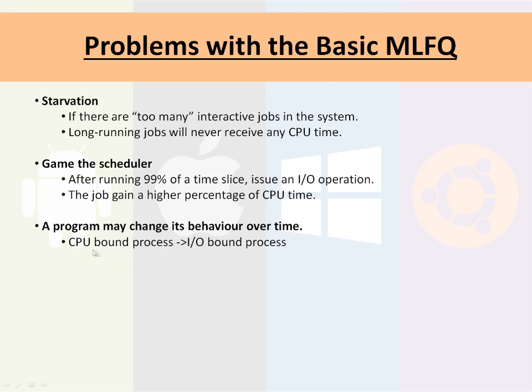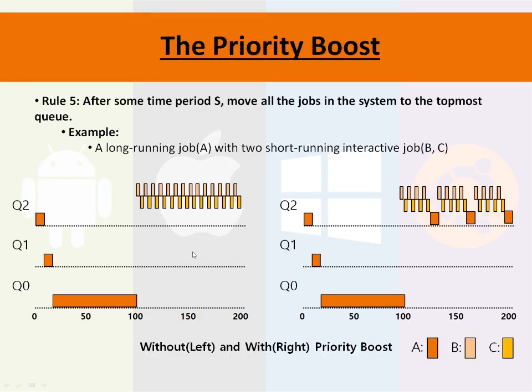So initially it could start as a high CPU usage process, but then over a period of time, it could be a high input-output request process. And our scheduler might not be able to adjust to this change.